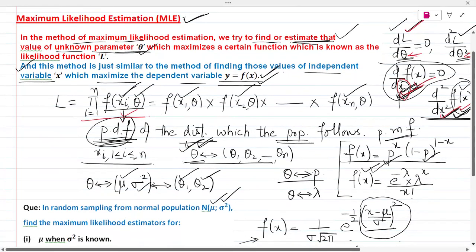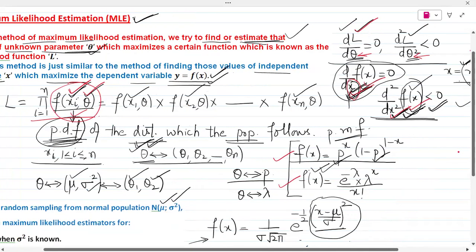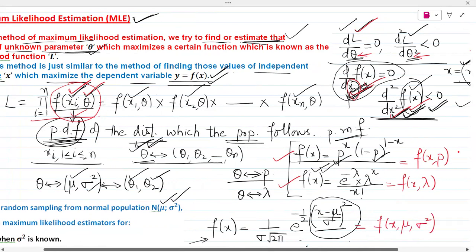One thing here, there is a certain difference in the notation. Here I am writing the notation in terms of sample observations, xi's, and theta. Here I have not mentioned theta, so we can write this equal to f(x, p), and this f(x, lambda), and this f(x; mu and sigma squared).